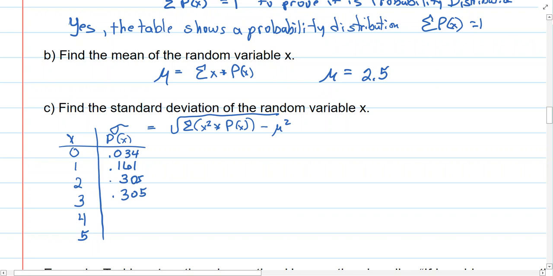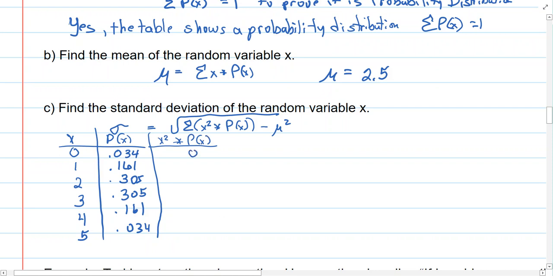You can tell it's almost a bell curve too. Our formula says we want x squared times p of x.